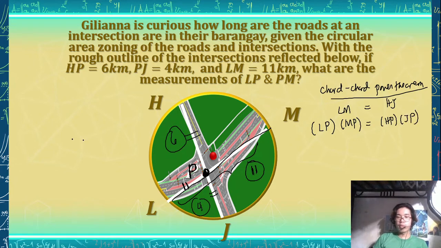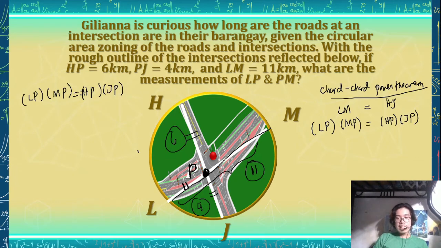For this problem, let's write that formula over here. So LP times MP is going to be equal to HP times JP. It all stems from the center there.